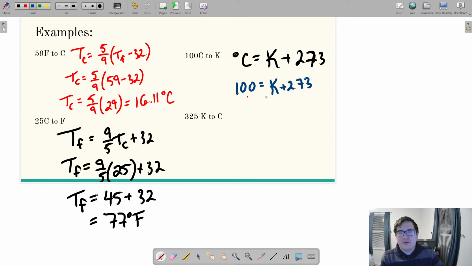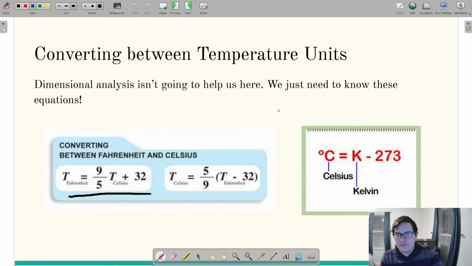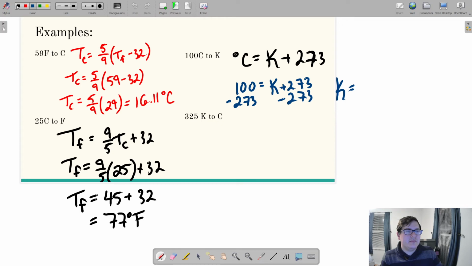Okay. So now what we're going to do is just subtract 273 on both sides. Get the variable by itself. So Kelvin equals, did I write that down right? Oh, sorry, I made a mistake there. It's not add, subtract. Oops, I knew something was wrong because you can't have negative Kelvin. Getting a little bit ahead of myself.